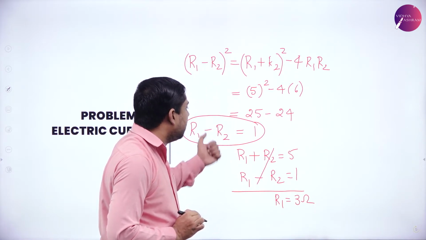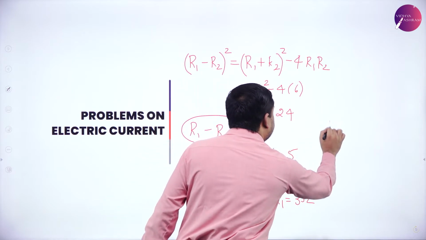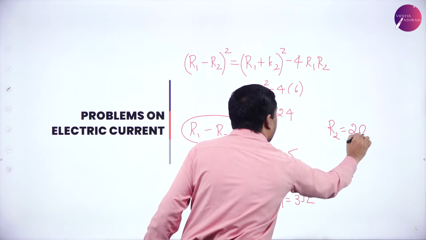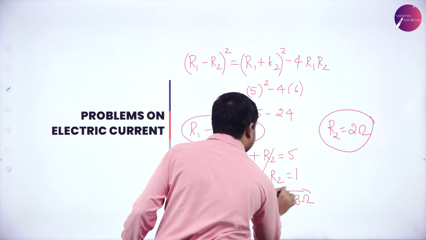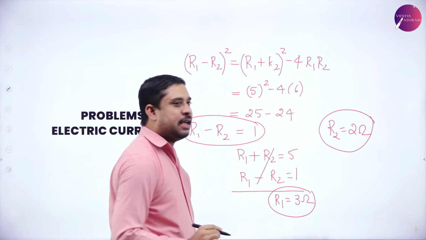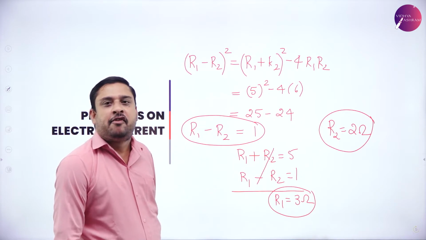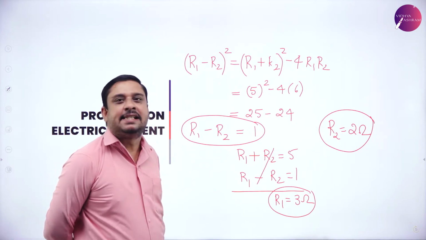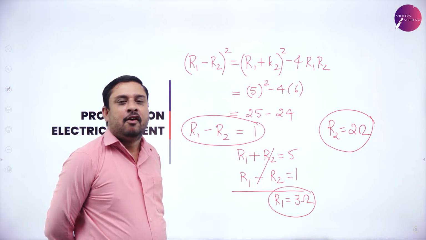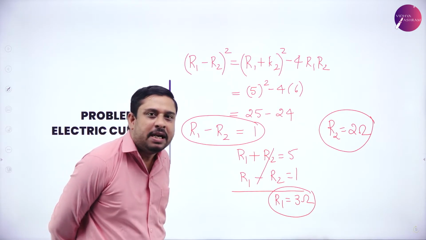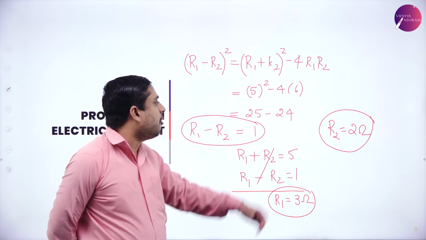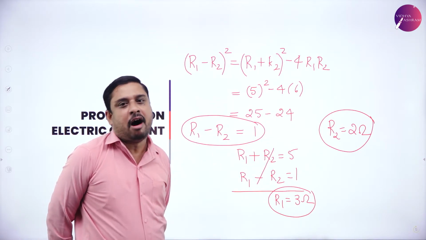Substitute here, R2 turns out to be 2 ohms. So very easily, just by knowing the expression for effective resistance in series and parallel, forming two simultaneous equations, I have got the value of R1 and R2.